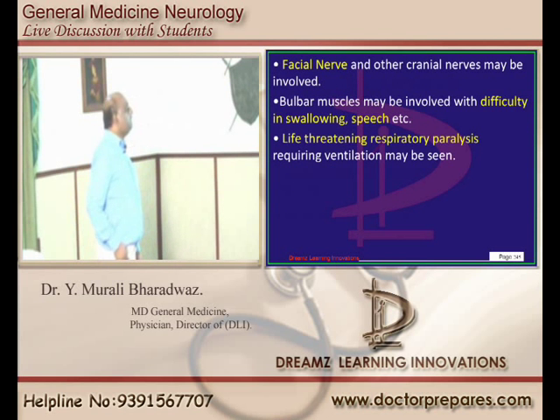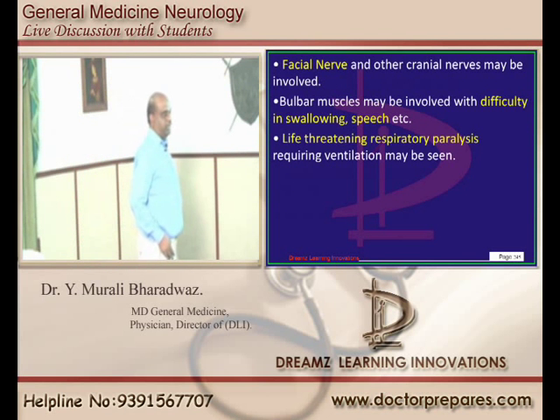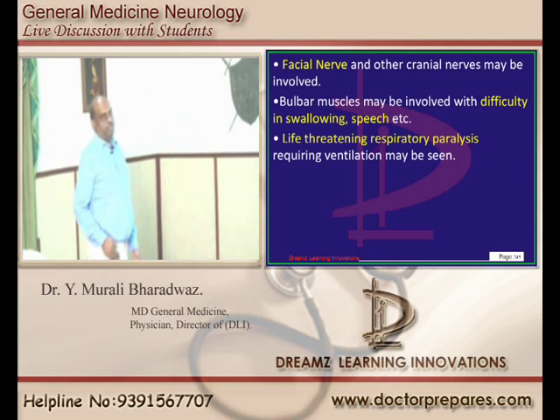Then facial nerves and cranial nerves sometimes may be involved in one of the variant forms of Guillain-Barre, and bulbar muscles may be involved with difficulty in swallowing and speech, and life-threatening respiratory paralysis can occur, which may make the person go into ventilatory support. So that is a problem of Guillain-Barre.